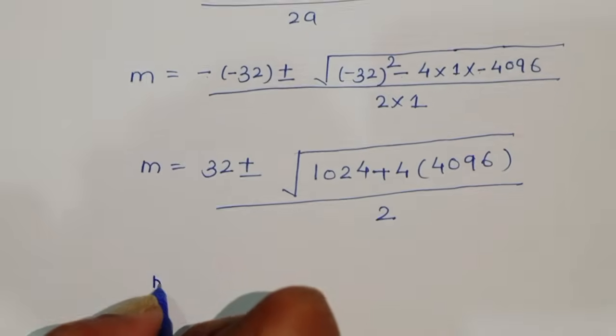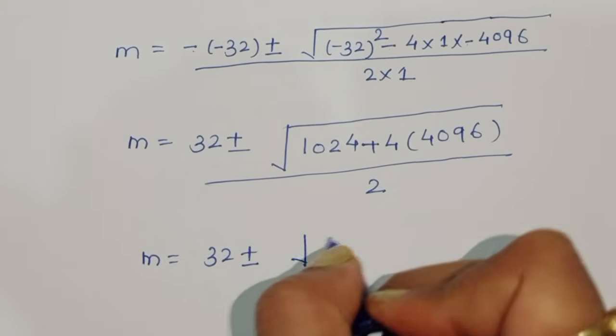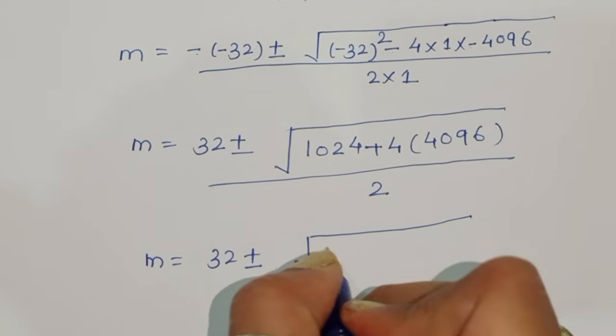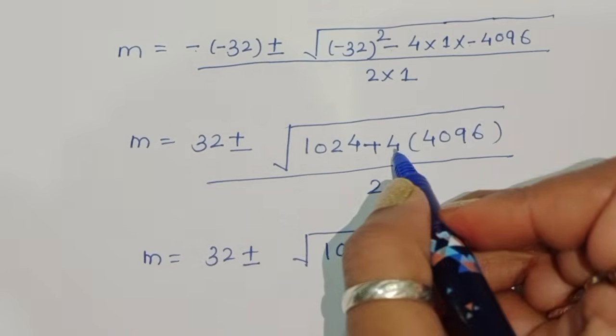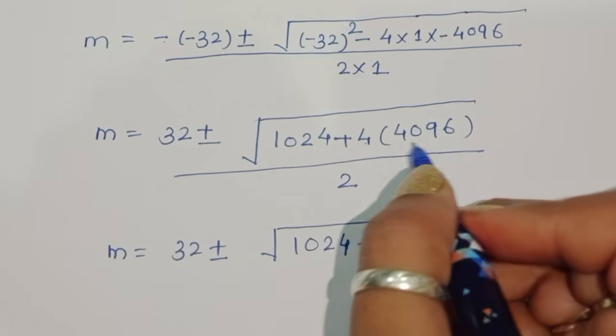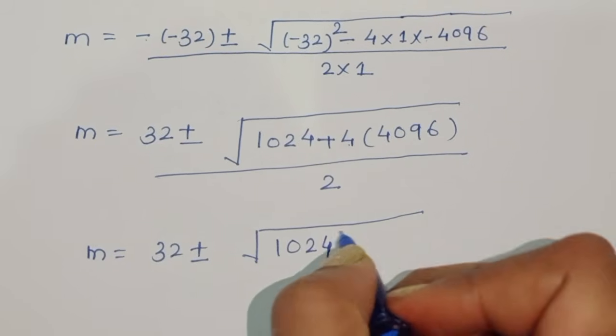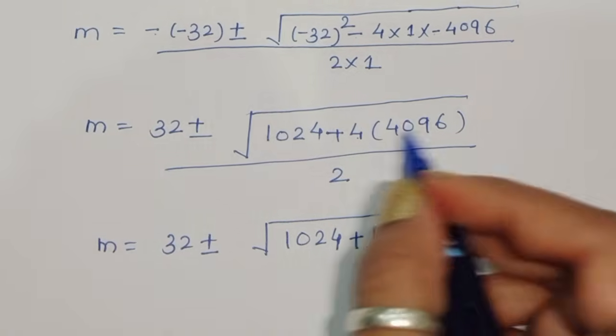Now m is equal to 32 plus minus square root of 1024 plus, now we have to multiply this term. So 4 times 4096, when we are multiplying this number, we will get here 16,384. You can multiply and check it.